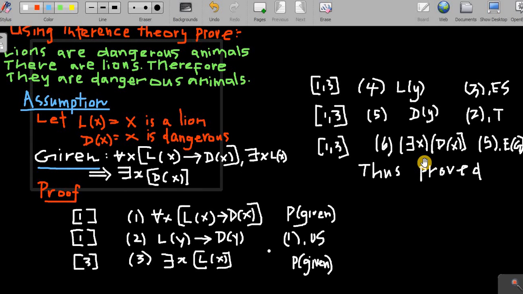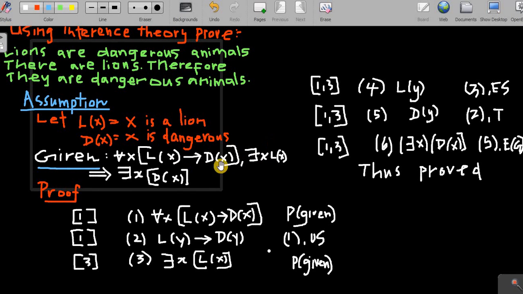Now look at that. We proved, look at the statement, we proved there exists some x which are dangerous. I mean, there are some dangerous animals. How did we prove this? From the premises: all lions are dangerous, and there are lions. These are the premises we used.